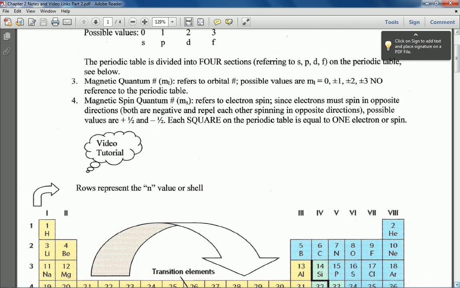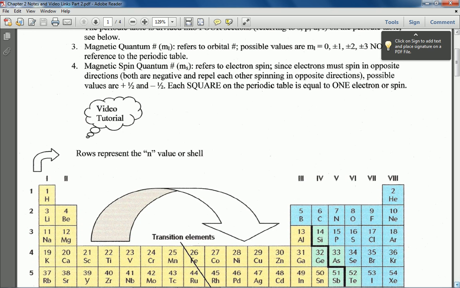Okay, now, 3 is the magnetic quantum number, that's m sub l. It references, of course, the number of orbitals. And what this actually tells us is the values for the orbitals. Now, we'll talk about how many orbitals each subshell has, and of course, what those possible values will be at a later time, later on in this tutorial, or in the next one in part 3.